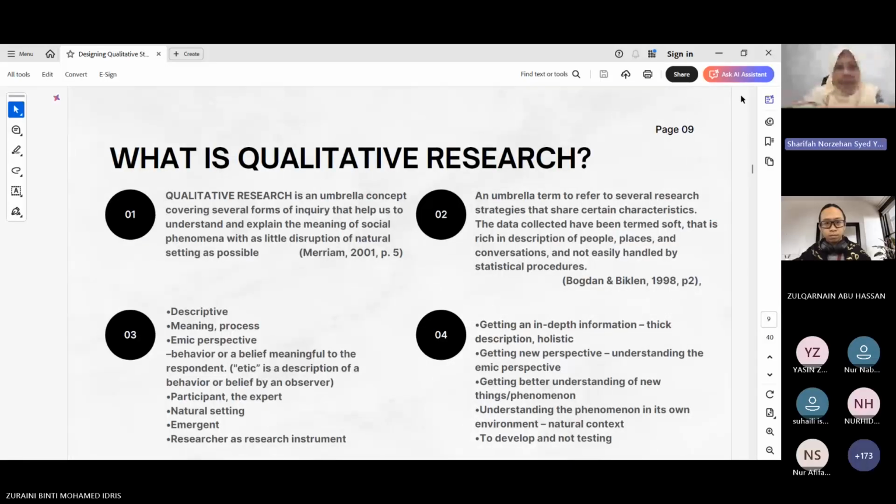Okay, thank you. So what is it actually? What is qualitative research? Basically, it is just an umbrella concept that covers several types of inquiry for you to be able to understand the meaning of your muhasabah just now. Like for me, the meaning of what management accounting practices are, the innovation practices, and the person job fit practices in an organization.